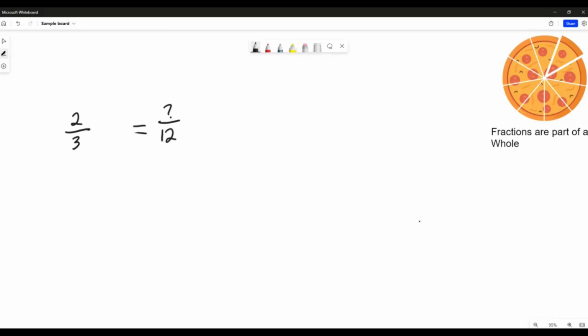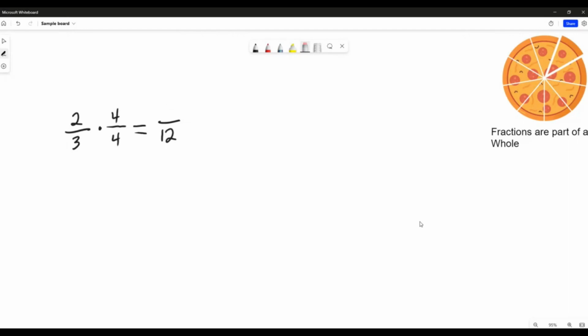Okay, so I would have to multiply the top and bottom by what number? Good, good, 4. So careful, Corey, we're not multiplying by 1/4. We're multiplying by 4/4 because the number on the top and the bottom have to be the exact same number.